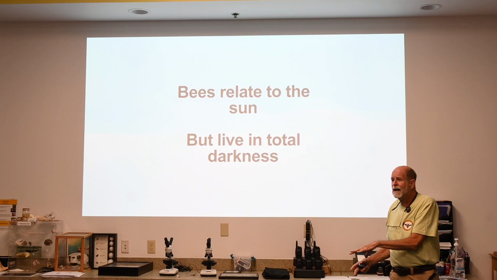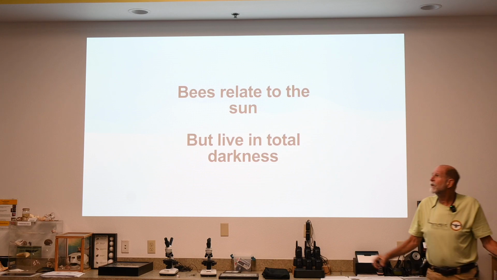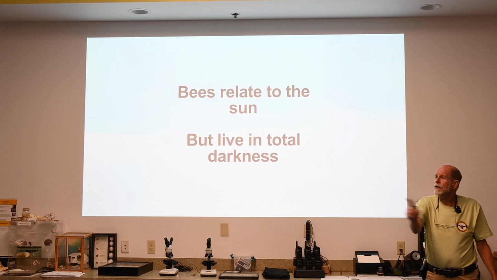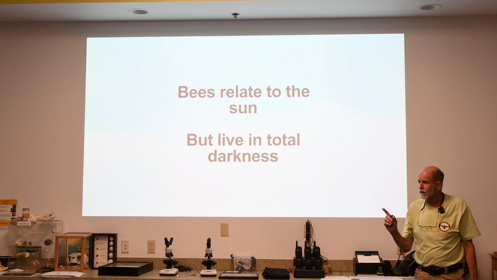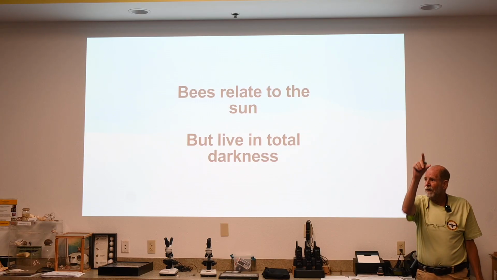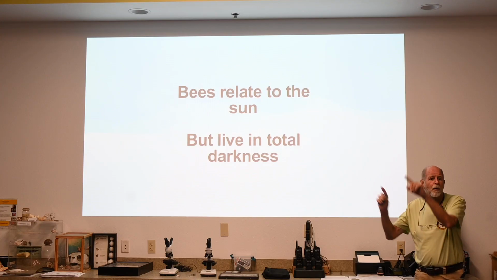If I move a hive, and they come out, they go, whoa, wait a minute, something doesn't look right. They do an orientation flight around the hive, learning new landmarks, getting their GPS position from the sun, and then they can go out and forage.